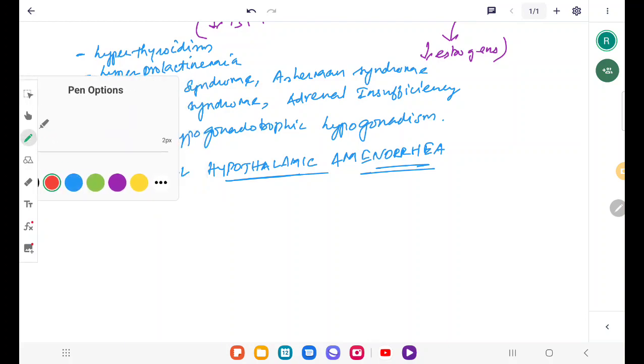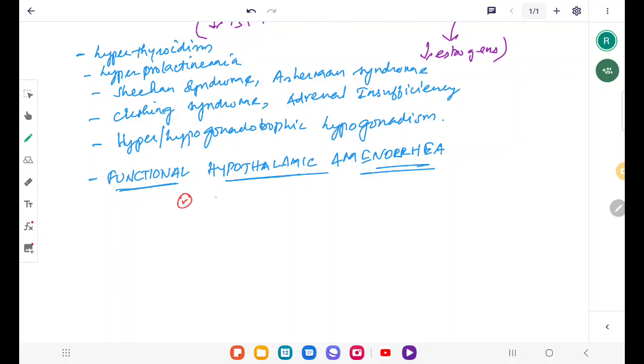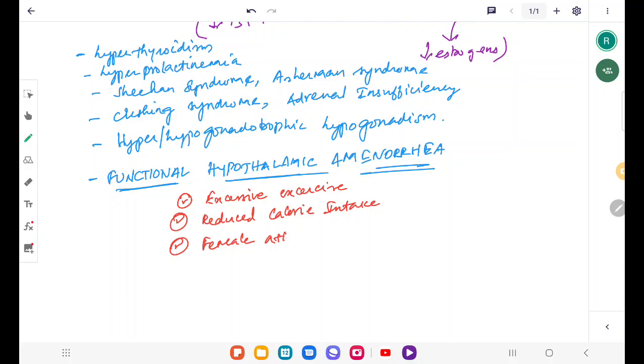This occurs in females who perform excessive exercises, for the females who have intake of reduced calories, or it could also be female athlete triad syndrome.